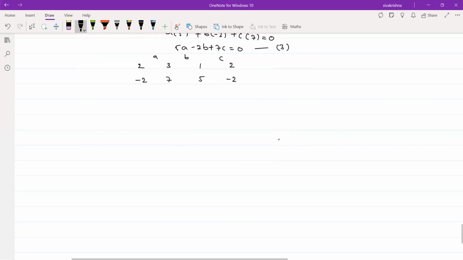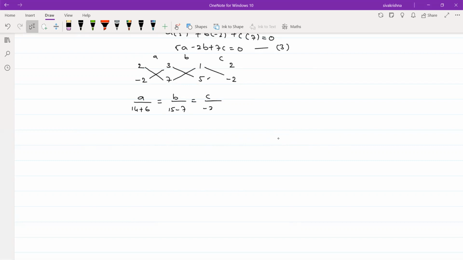Now we have to find the values of a in this way: 2 into 7, 14, minus 2 into 3 gives -6, means +6. This is equal to b by, once again, 3 into 5, 15, minus 7 into 1, so 15 minus 7, is equal to c by 1 into -2, minus 5 into 2, so -10.